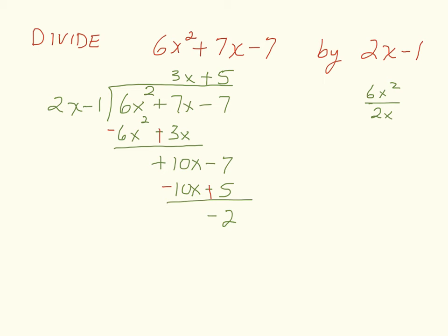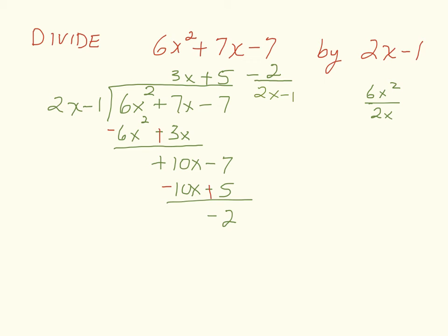Now what do we do with a remainder? Normally, when we work with fractions, we take the remainder, which is negative 2, and we put it over the divisor. But what is the divisor? This expression here. So we put the remainder over the divisor, and that's going to be your answer.